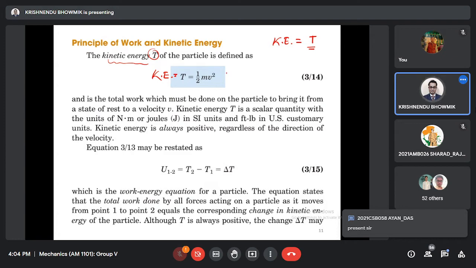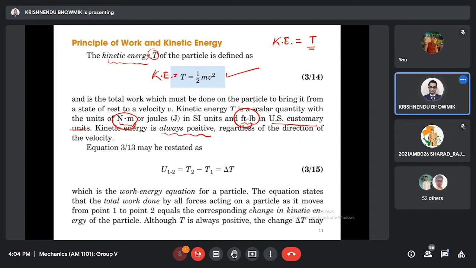T equals half m v squared. Using this expression you have to be careful: the unit is newton meter for joule, and foot pound for US customary units. Kinetic energy is always positive as it is associated with v squared. V may be negative, but energy will be positive and a scalar quantity.